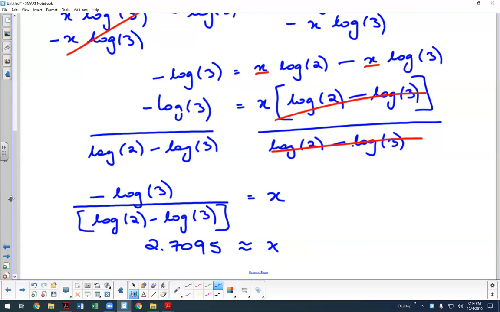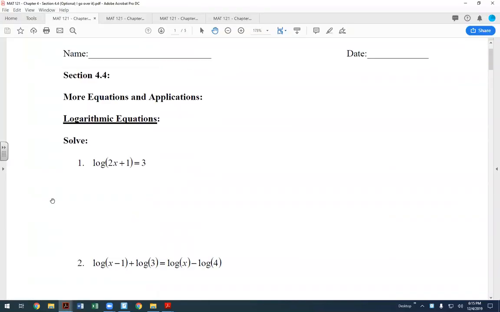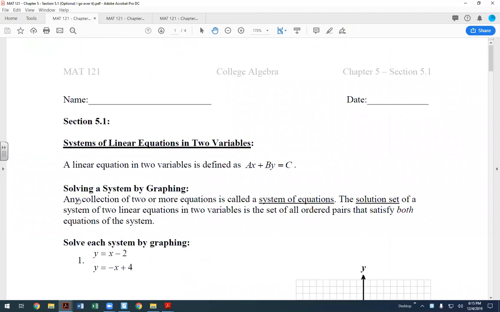They are both very similar. You will not have questions on those applications from 4.4. It's only going to be something similar to the first pages here. Alright, so that's section 4.4.